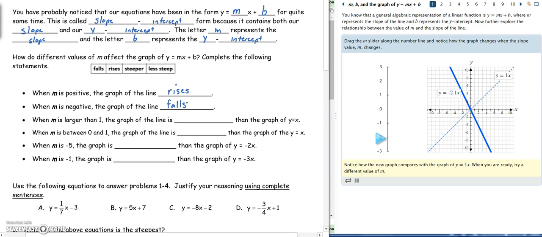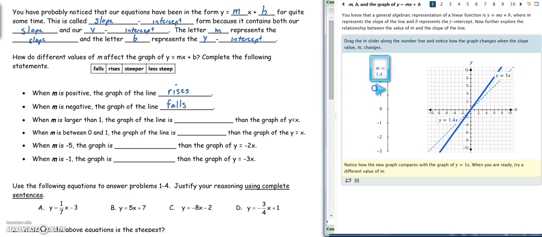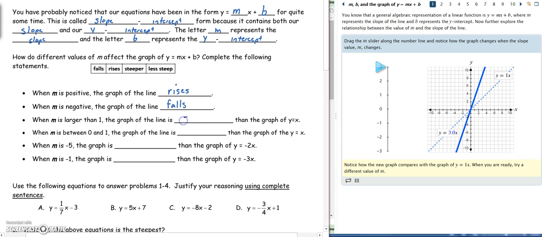When m is larger than 1, if you notice your dotted line is y equals x. So if I have a slope bigger than 1, say 1.5 or 2 or even 3, notice that your line is steeper than the graph of y equals x.